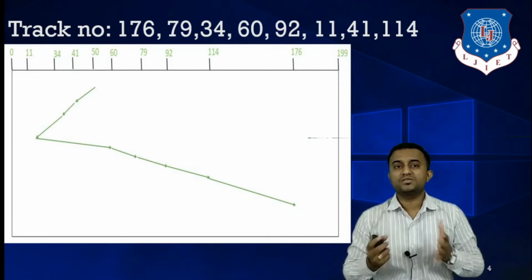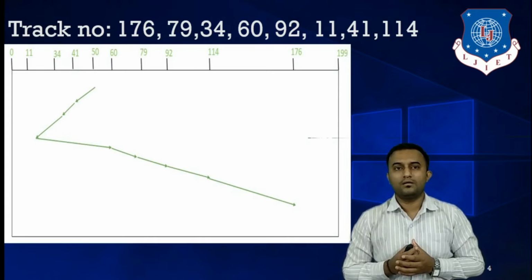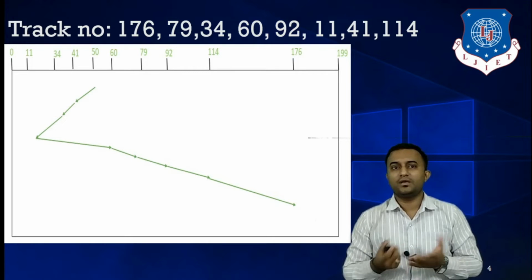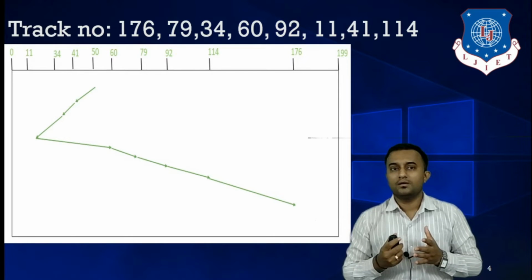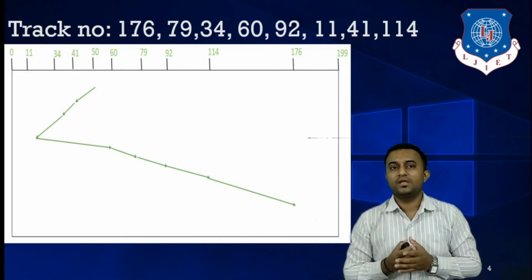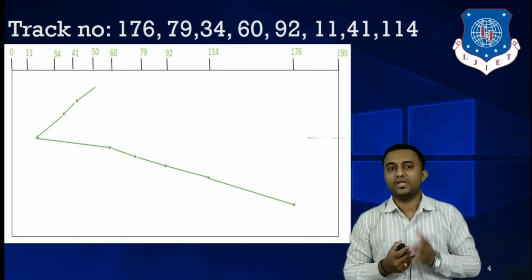In this particular example, we need to start the journey definitely from the current head position, which is given to us as an input. In this case we have 50. So we need to start the journey from 50.